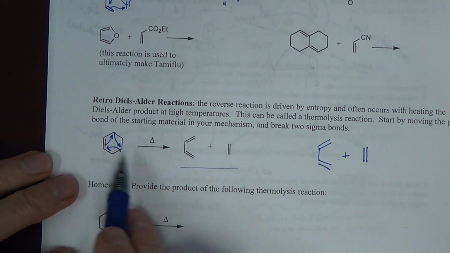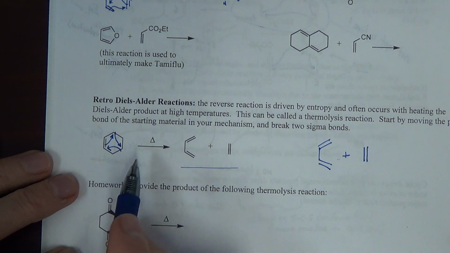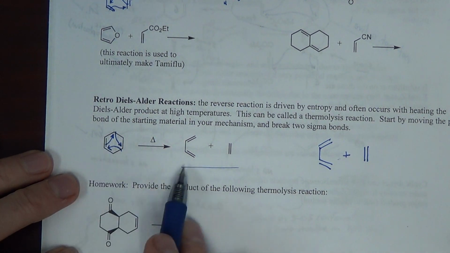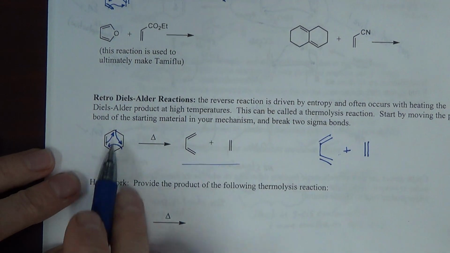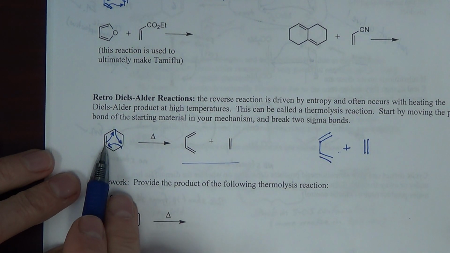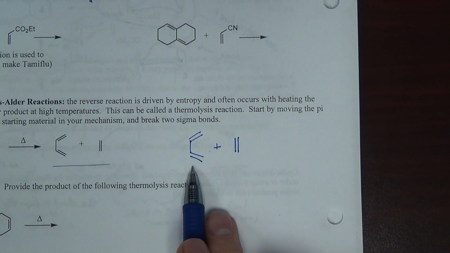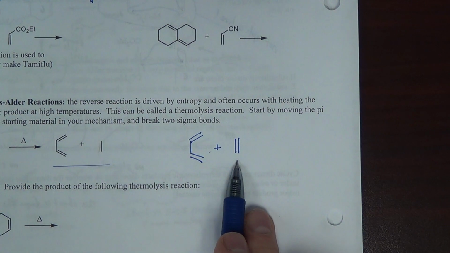So again, if you heat these products to high temperature, they'll break apart by a retro Diels-Alder mechanism, which when you do it, you want to begin with your pi bond and break this apart back to a diene and an alkene.